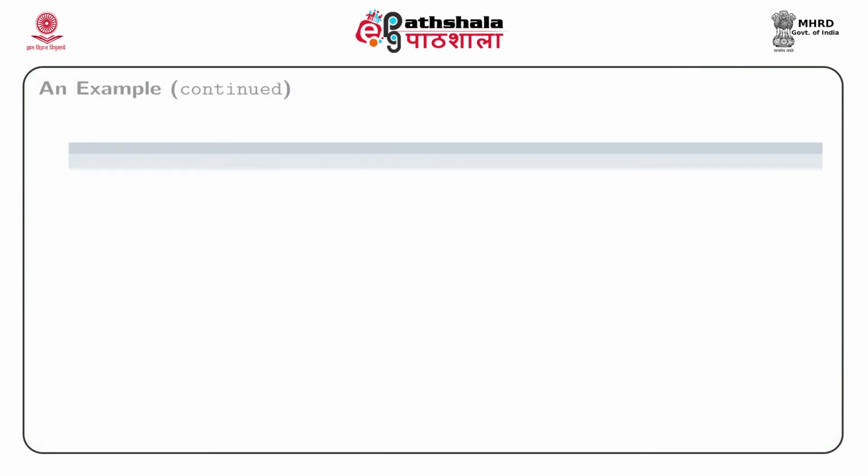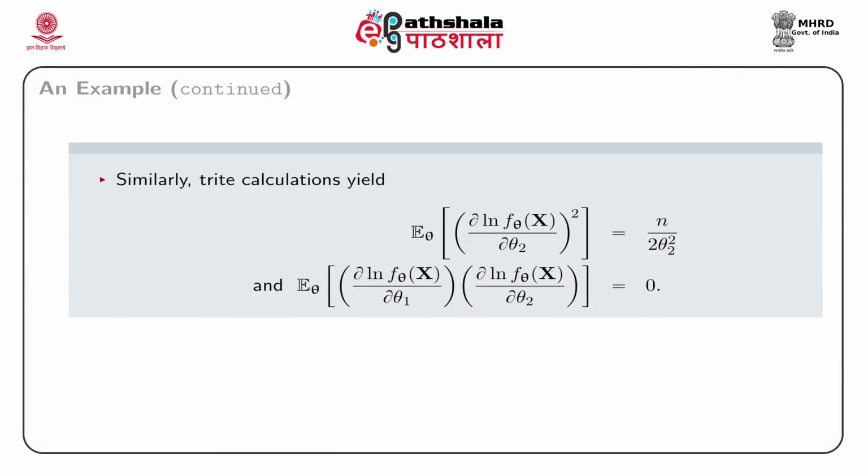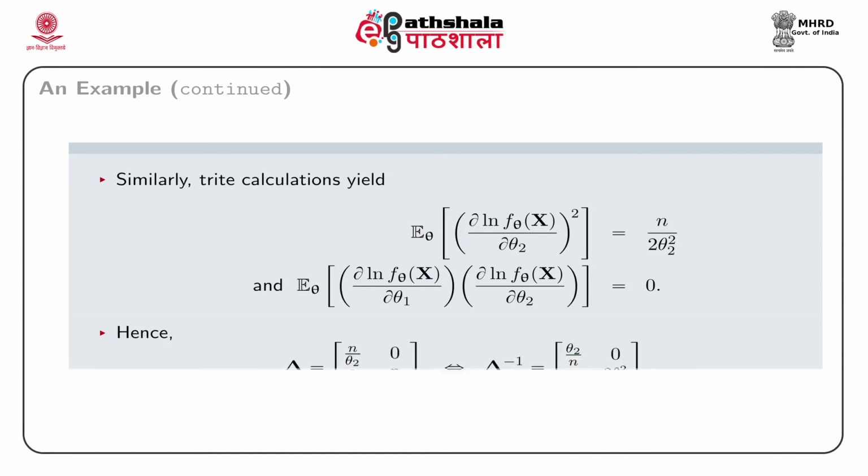Therefore, expectation del log f by del theta 2 whole square is equal to 1 by 4 theta 2 square plus 1 by 4 theta 2 to the power 4 into 3 theta 2 square minus 1 by theta 2 cube into theta 2, which is equal to, after simplification, 1 by 2 theta 2 square.